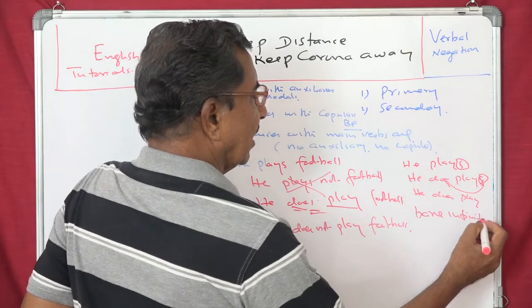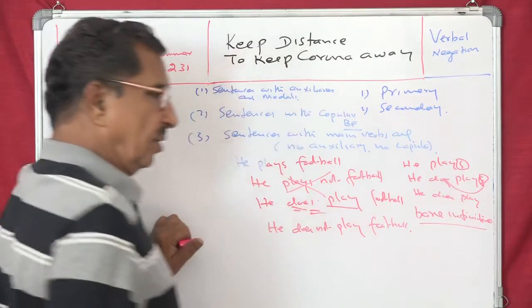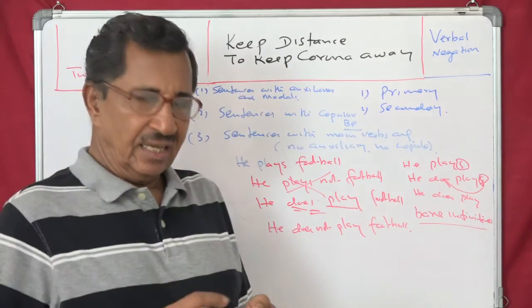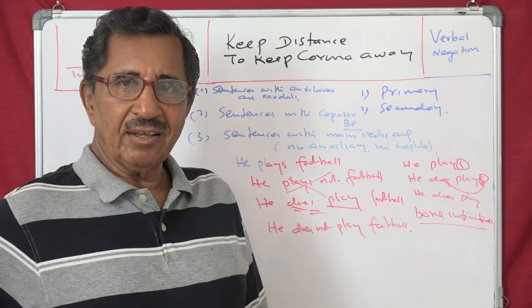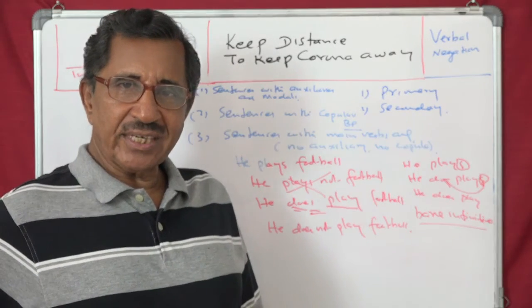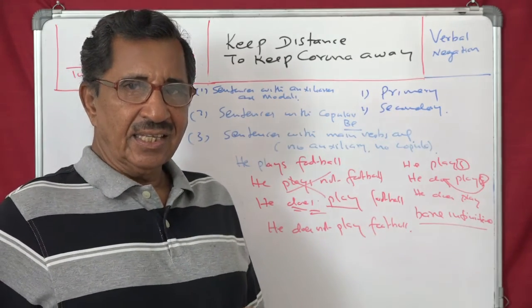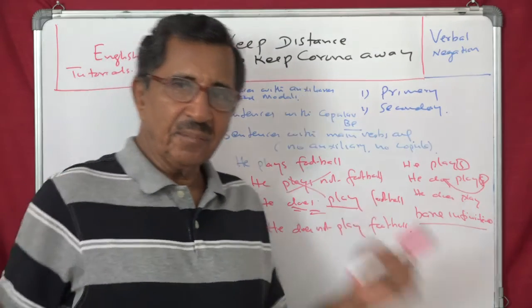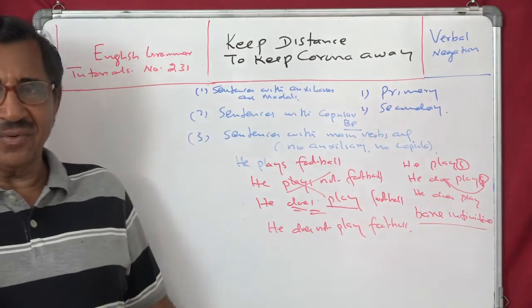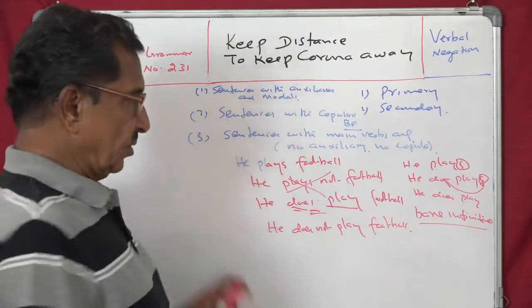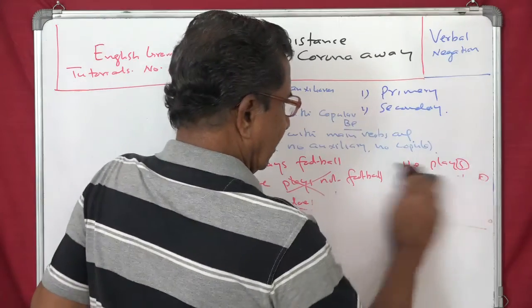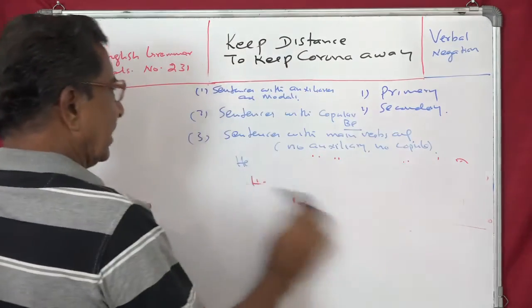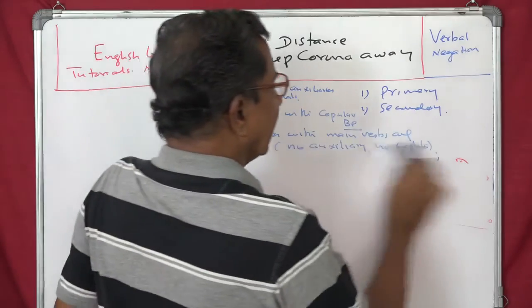As I told you, all these points have been discussed in my grammar tutorials on tenses. First is present continuous tense, then simple present. So kindly go through that. Or if you have any doubts, I am willing to explain to you again.